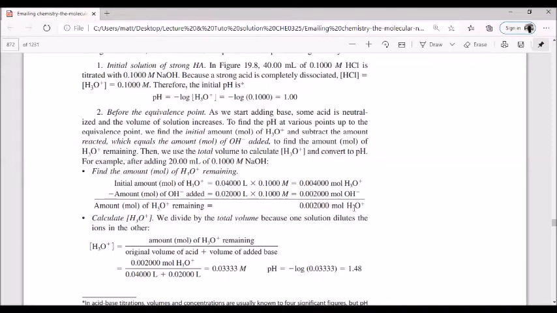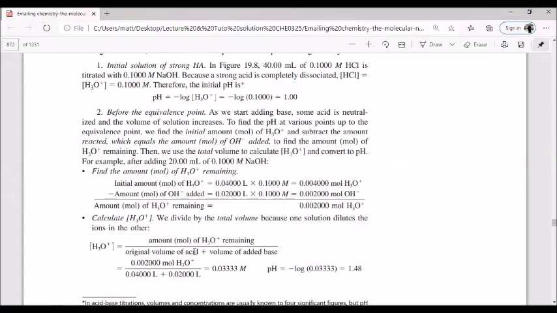To calculate the pH, you need concentration, correct? So how to calculate the concentration now? You need to divide by the total volume, because now one solution dilutes the ion in the other.